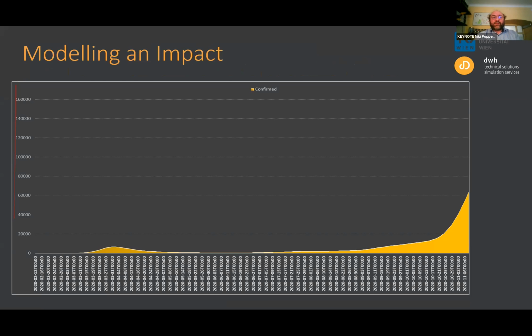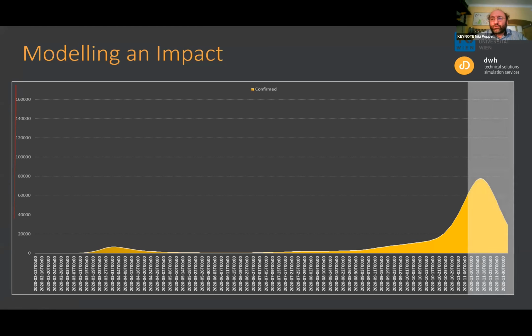So what is the basic question? I want to start. The basic question is we have the actual situation of the crisis, and this was the status at the beginning of November. And what we normally want to do, in a very urgent way, is to say, okay, what will happen under given measures in the near future? And you can see this was the prognosis.